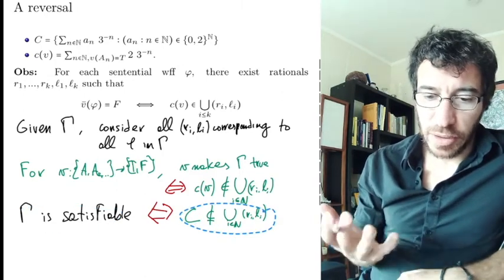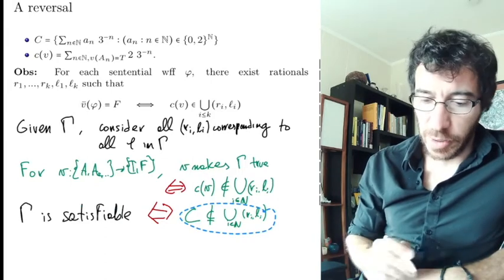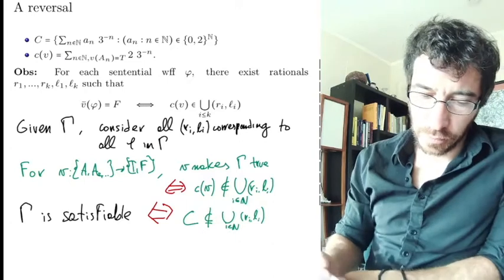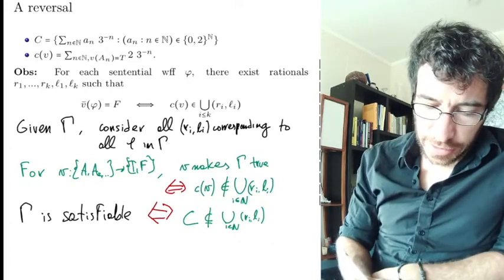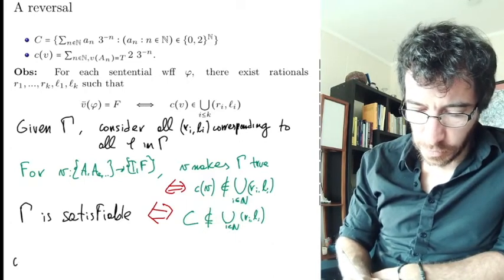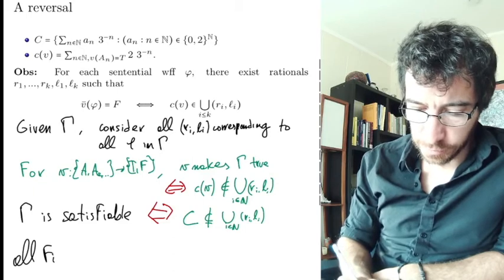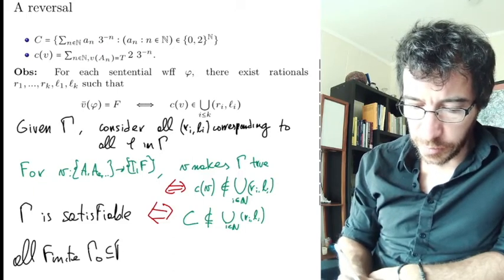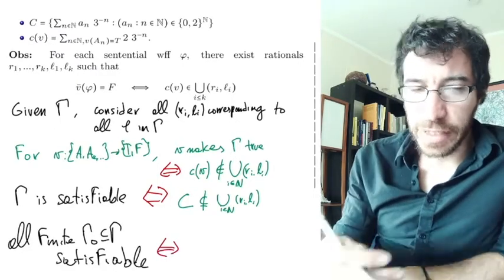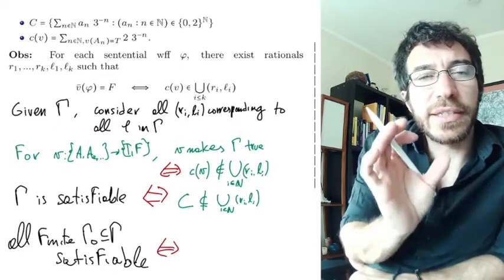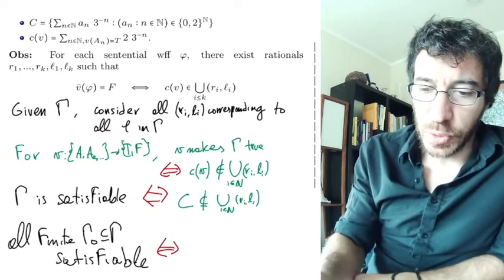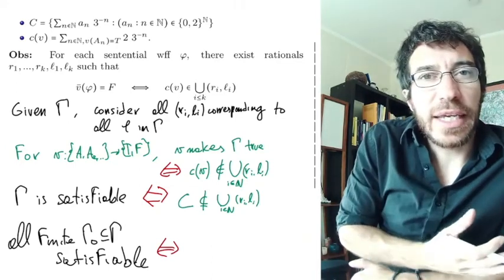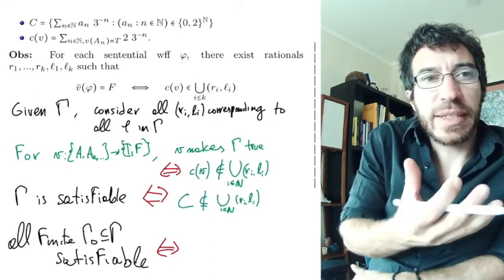And so now compactness tells us, by the Cantor set, that saying all finite gamma 0 included in gamma are satisfiable is equivalent to the following. You have to look at the intervals that correspond to the formulas in gamma 0, right? For each gamma 0 we have finitely many formulas.